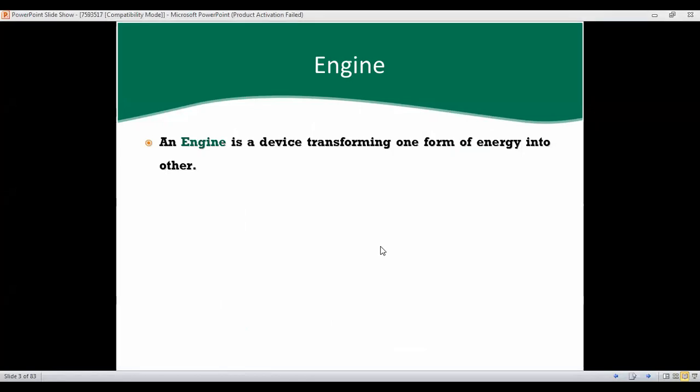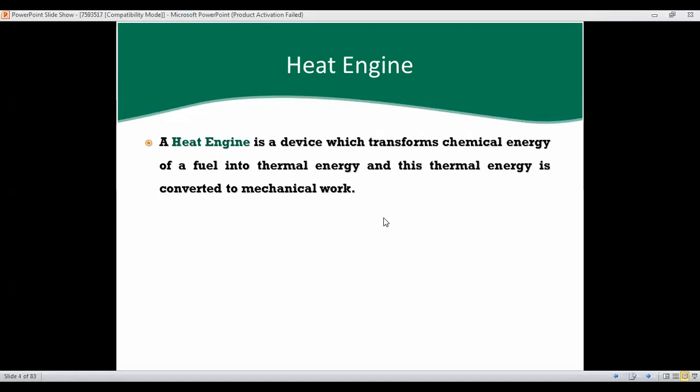An engine is a device transforming one form of energy to another form of energy. First we define the engine. What can an engine do? An engine can change one form of energy to another form of energy.